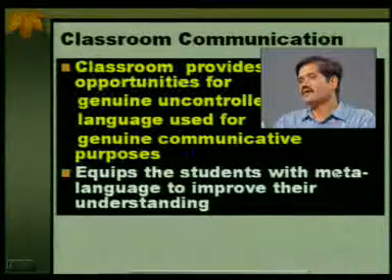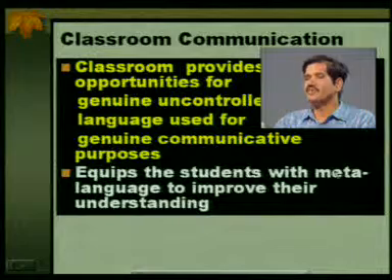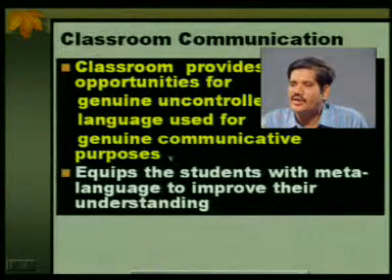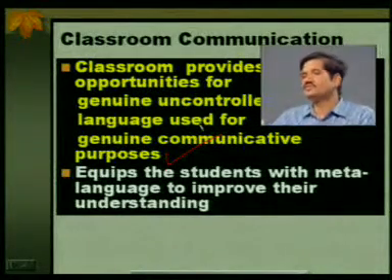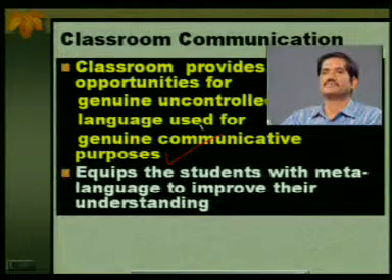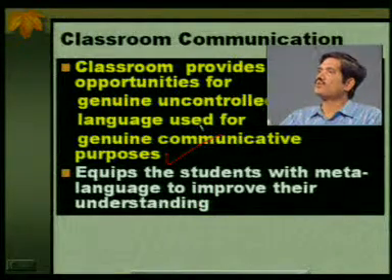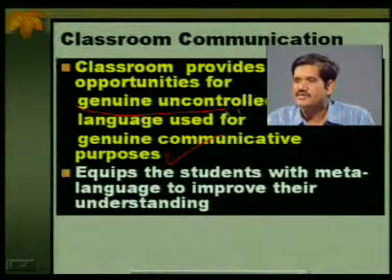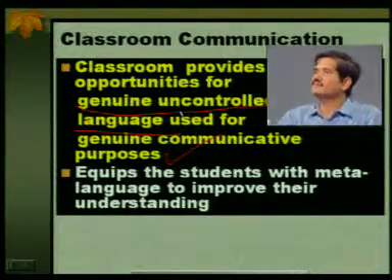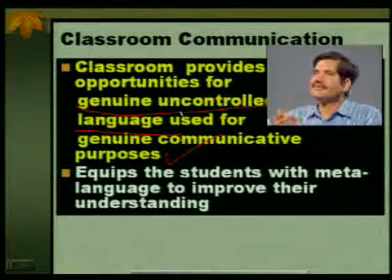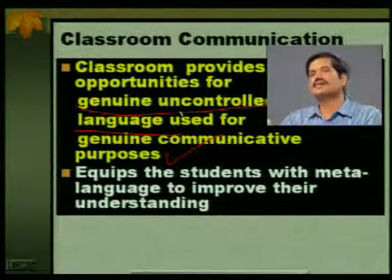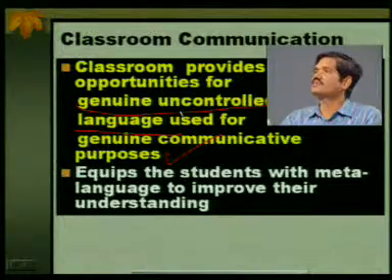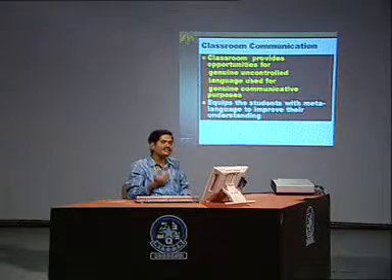Then we can see the classroom provides opportunities for genuine uncontrolled language used for genuine communicative purposes. Here comes one point. Genuine uncontrolled language, what does it mean? It means the teacher does not intervene when the students are telling something, when the students are interacting, when the students are using the language.